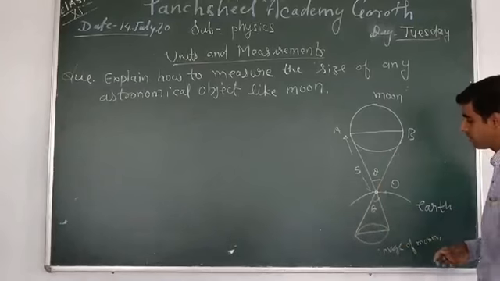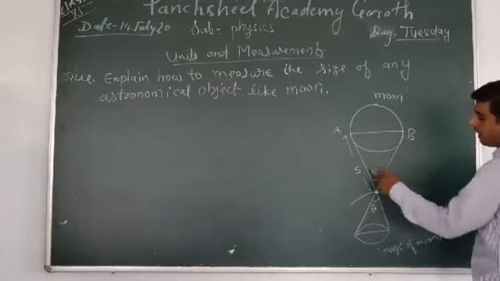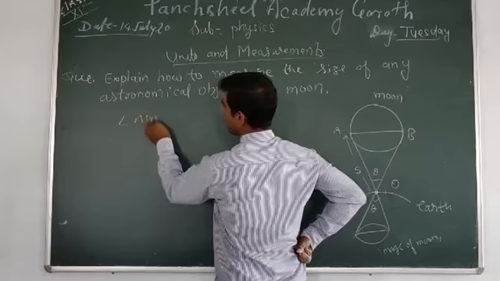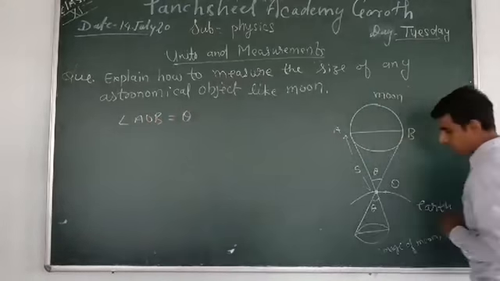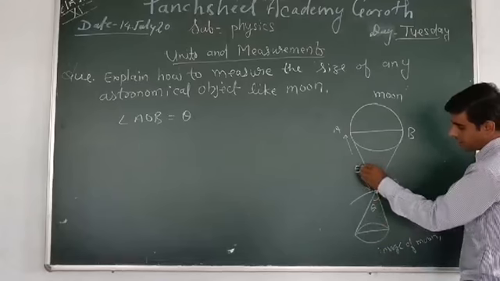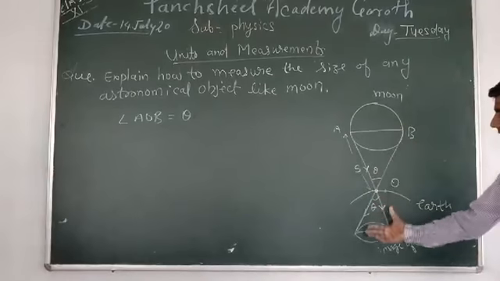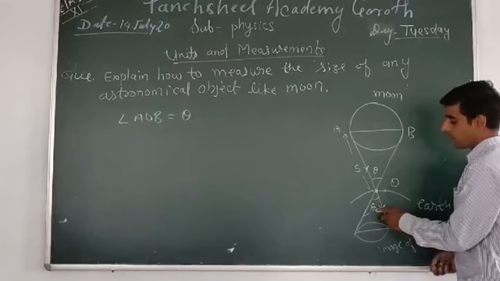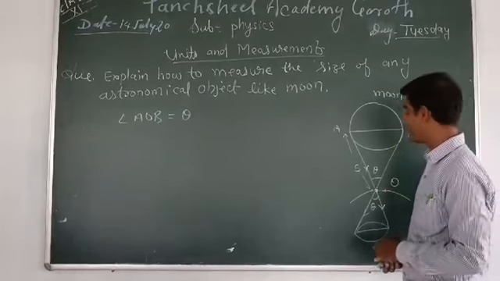So if I measure the angle AOB as theta, how is it theta? Because if we extend these two rays on the opposite sides to the diameter, it will become theta. So this angle is also theta because of vertically opposite angles.